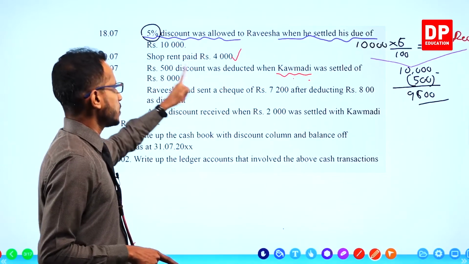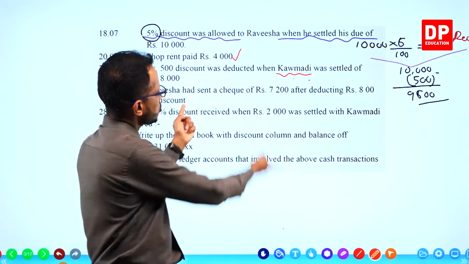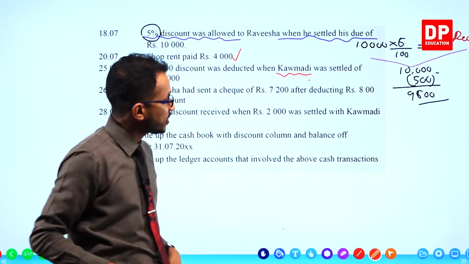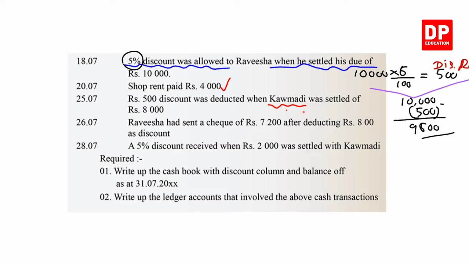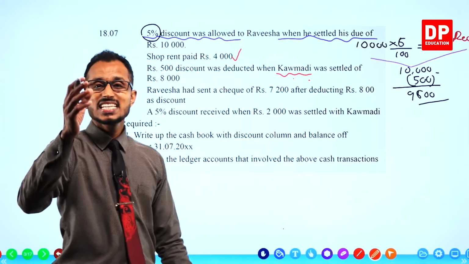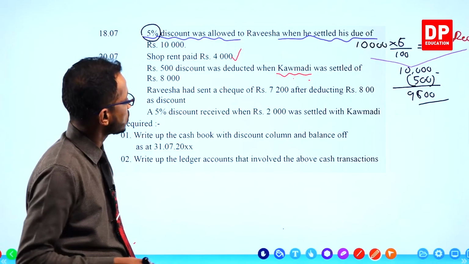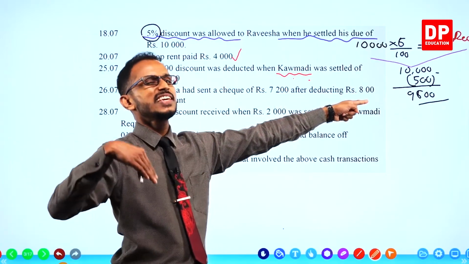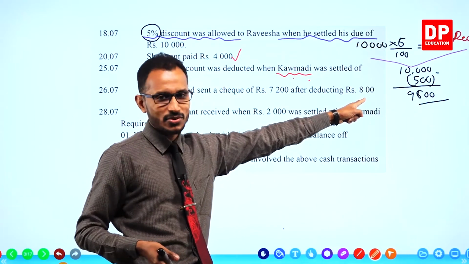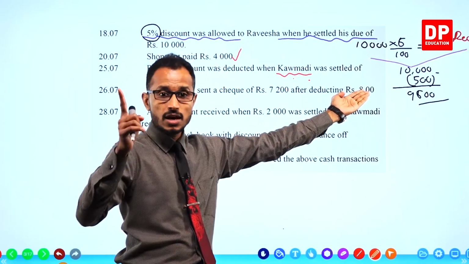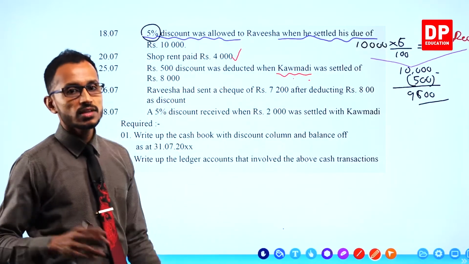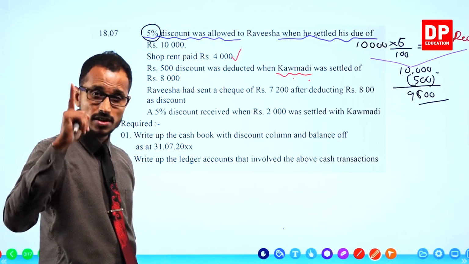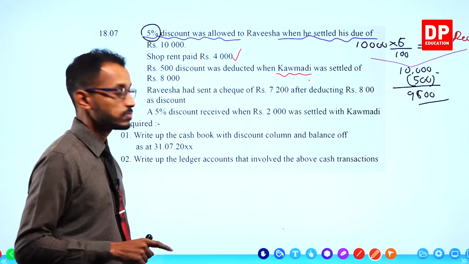In this transaction, Ravisha had sent us a check, 7,200, but after deducting rupees 800 as a discount. That means she had to pay us 8,000. We gave her a discount of 800. Out of 8,000, when the discount of 800 was deducted, the remaining 7,200 we got by a check.